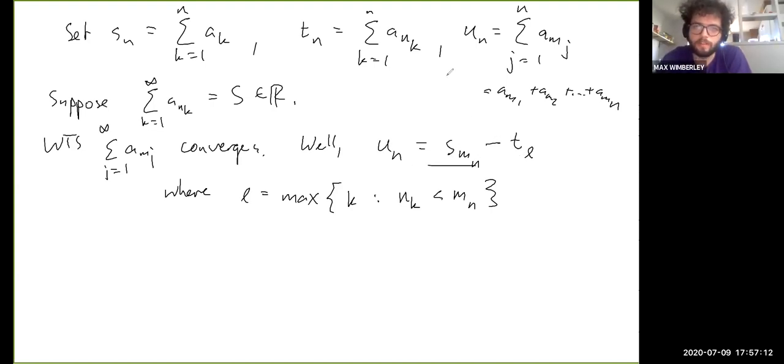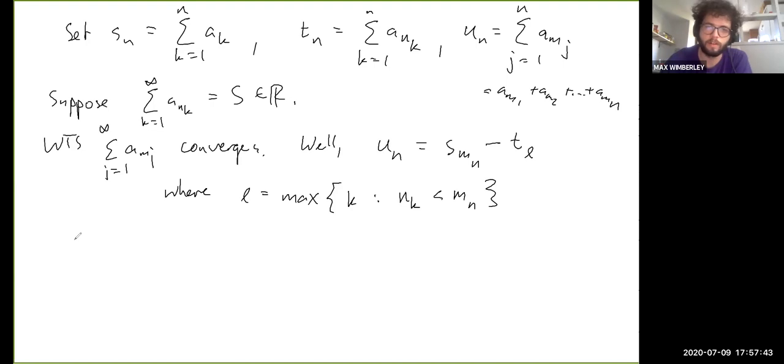That's what this is. And the thing is, this doesn't really matter. All that really matters in the end is that each UN is equal to some S something minus a T something, a difference like this, and that as N increases, both increase to infinity.